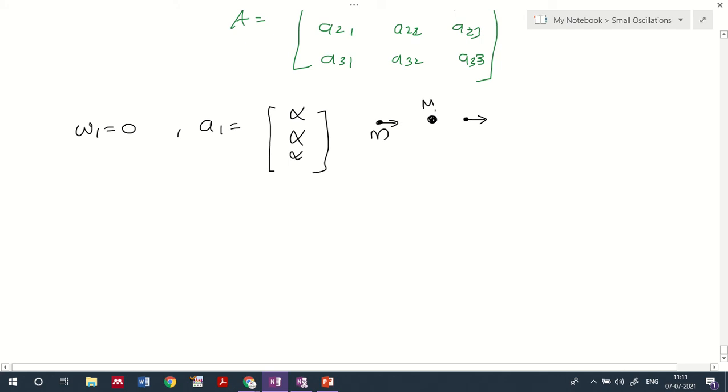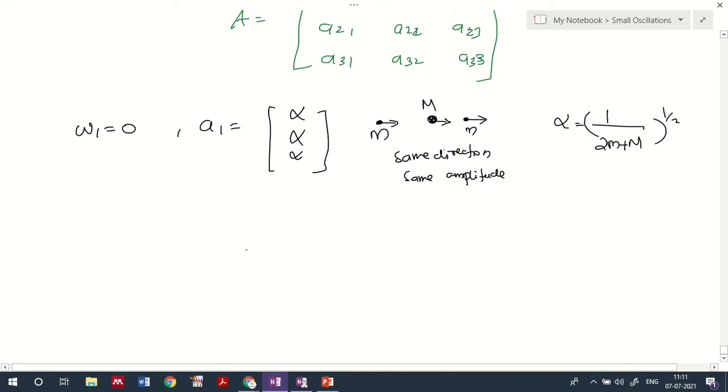So there is a capital M and small m. What we are expecting is that they are moving in the same direction, same amplitude. This is a summary of all the discussion, where alpha equals 1 by (2m plus capital M) raised to 1 by 2.